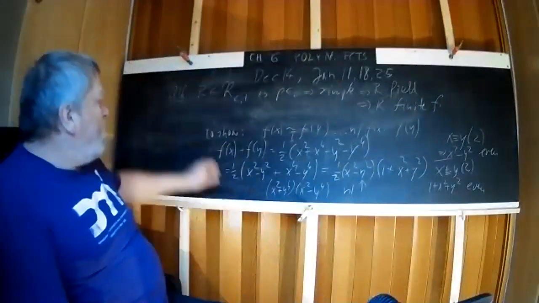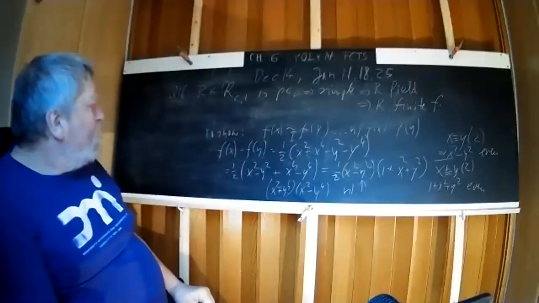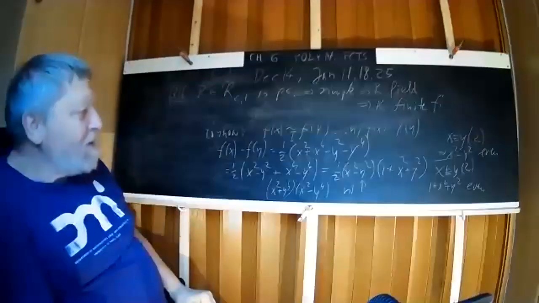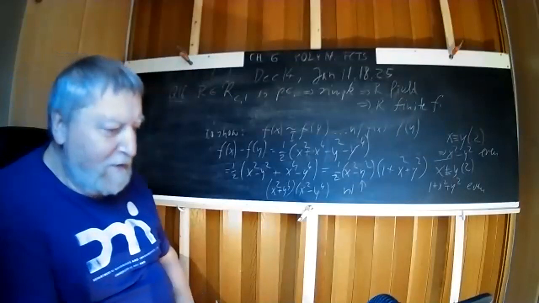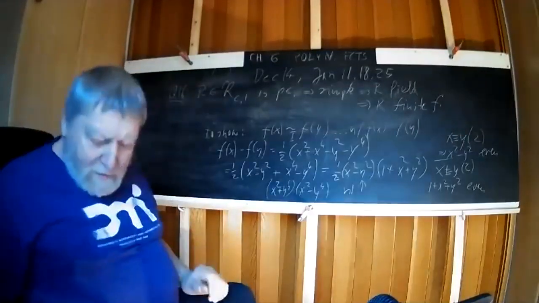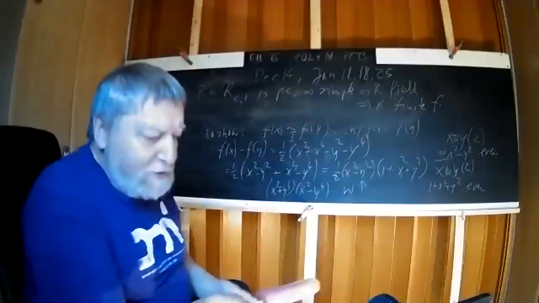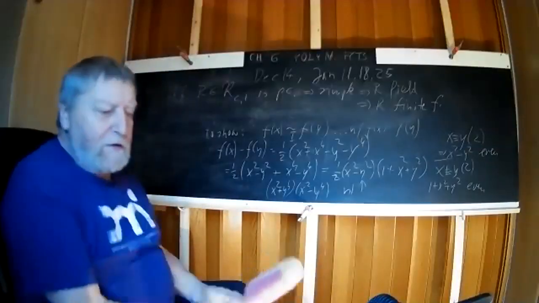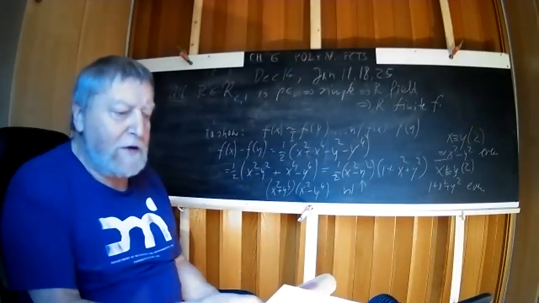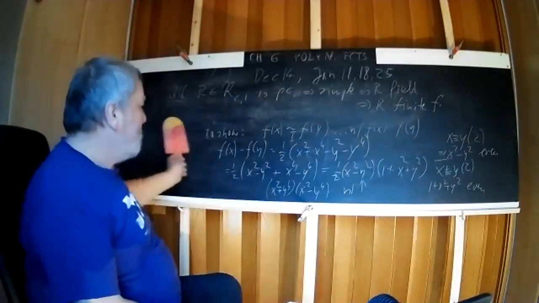So the only polynomially complete commutative rings with identity are precisely the finite fields. And we have a third question. It asks for the number of polynomial functions on Z modulo 4.